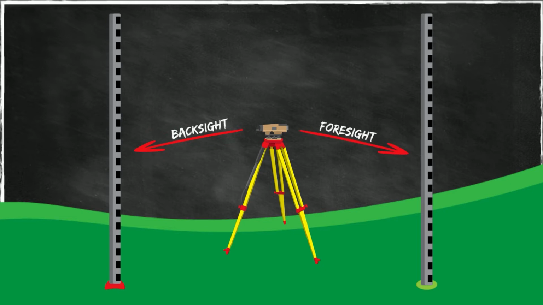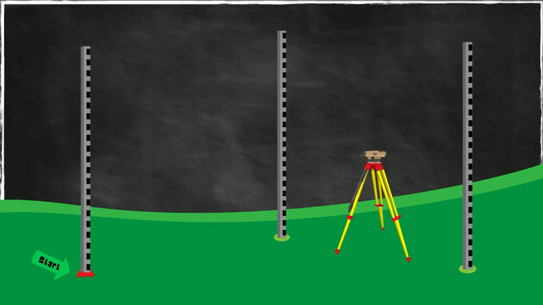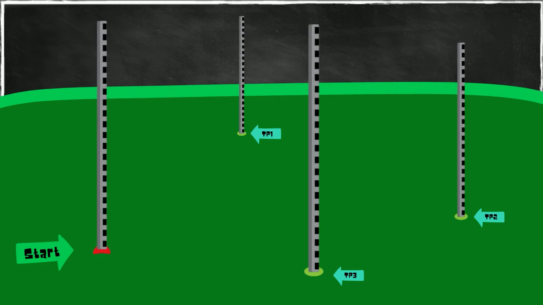The backsight would be at our starting point and the foresight would be towards our first turning point. Then we move the instrument to a next convenient location where we can see our turning point 1 and our desired turning point 2. And so we continue along this loop to then come back to our starting point.